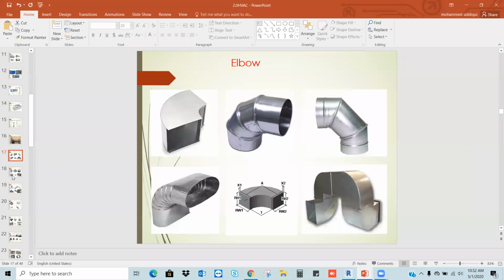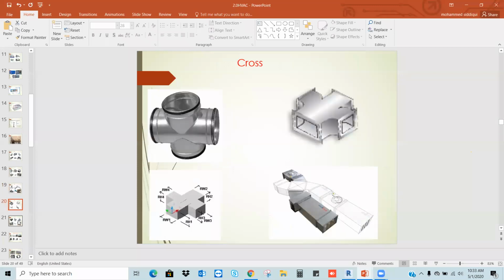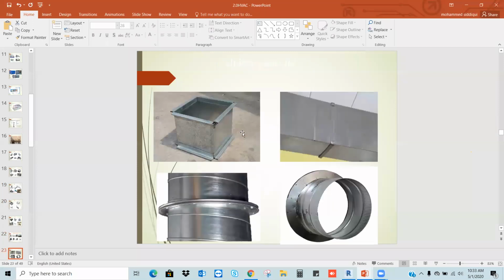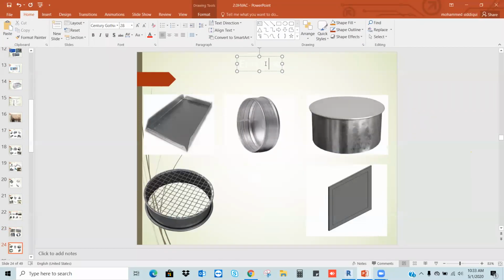And elbows, T, tap. Tap means we will connect our branch duct directly to the main duct. Reducer, unions, flanges. I hope everybody is able to understand by these pictures, right?